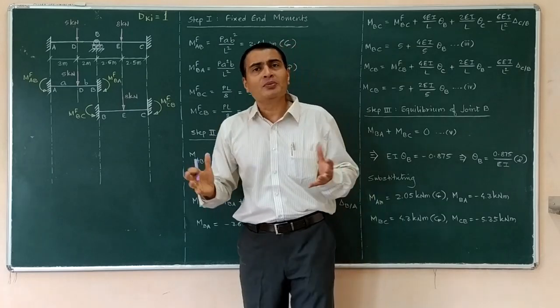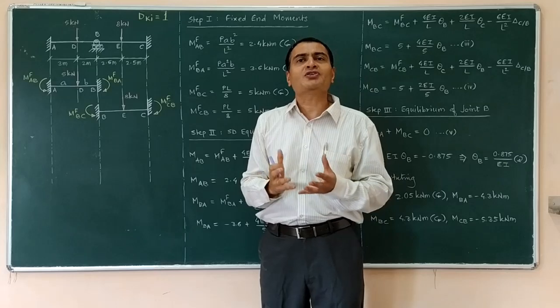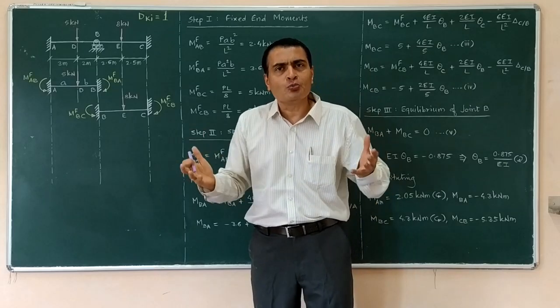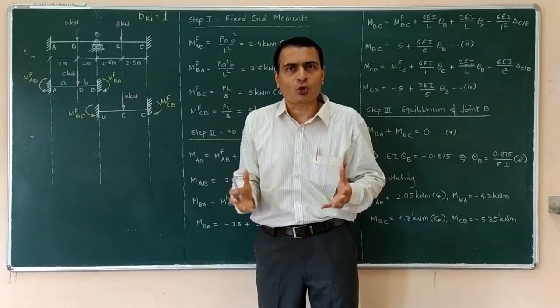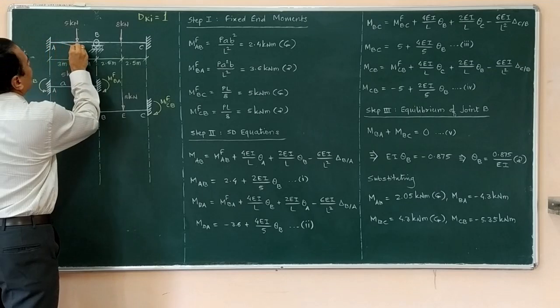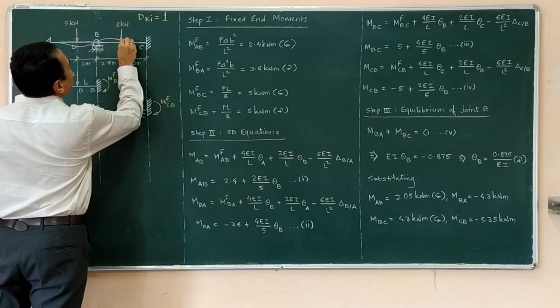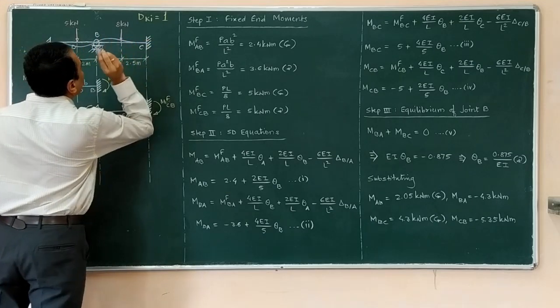So let us assume, as per our sign convention, that anticlockwise is positive, clockwise is negative. Let us assume that theta B is anticlockwise. What I am trying to say is the elastic curve after loading, how the beam is deforming, is somewhat like this.